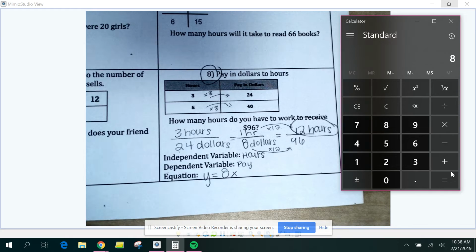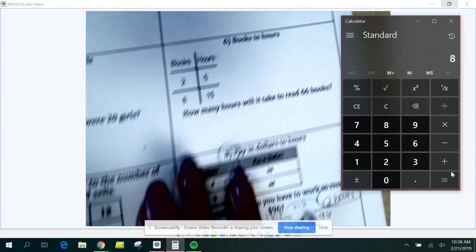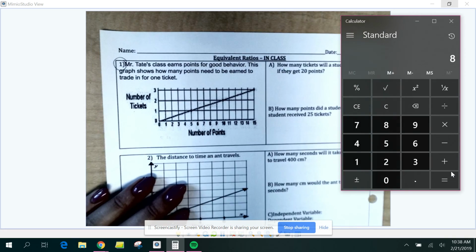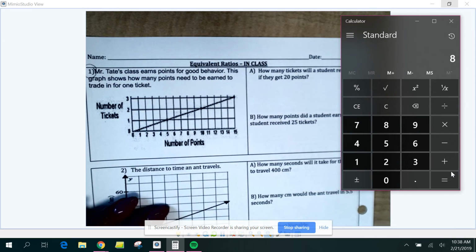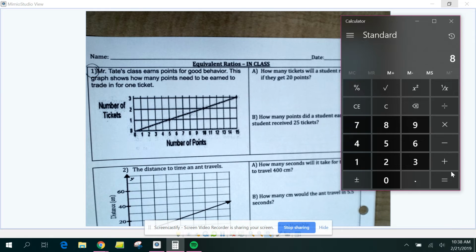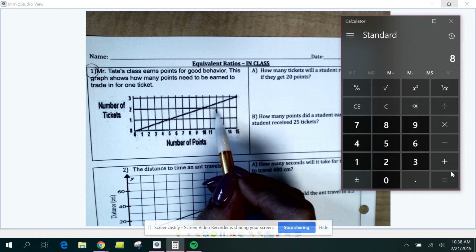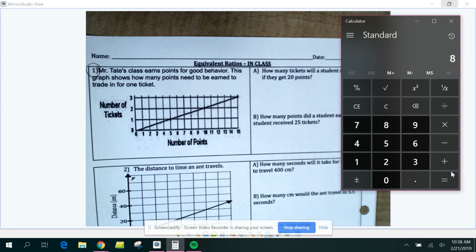All right, last question on the back. Number 1. So, Mr. Tate's class earns points for good behavior. This graph shows how many points need to be earned to trade in for 1 ticket. So now I have a graph. I could pick any ratio on here and start that as my original ratio.